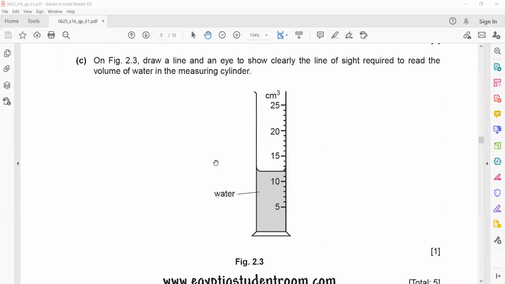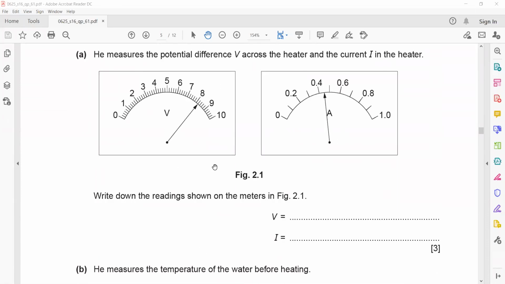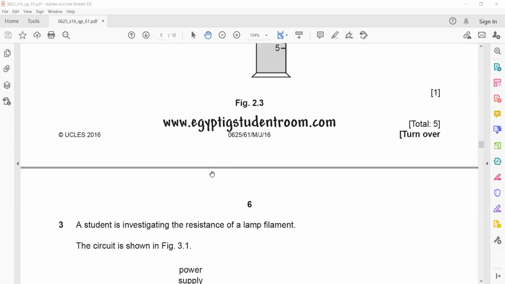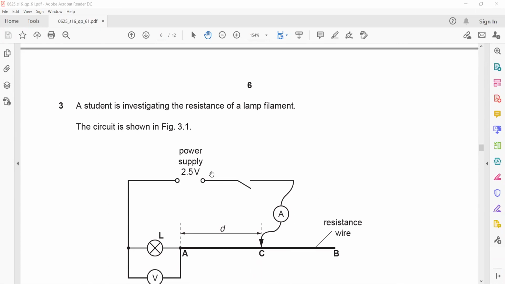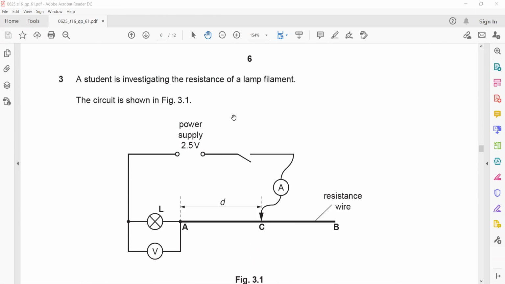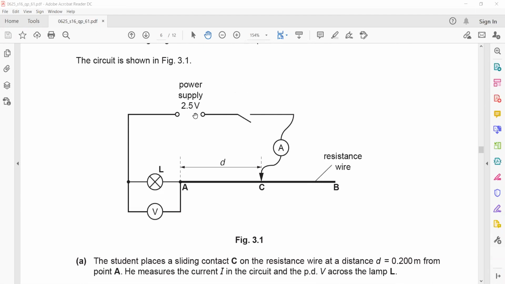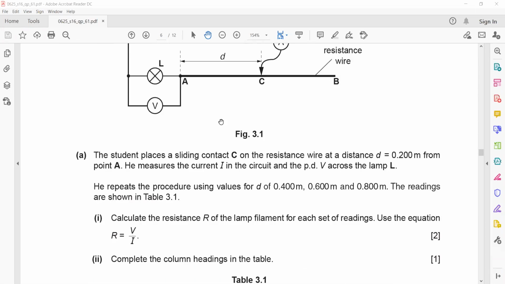So that was question 2. You just have to read the values. Question 3. The student is investigating the resistance of a lamp filament. The circuit is shown in figure 3.1. A supply is there.